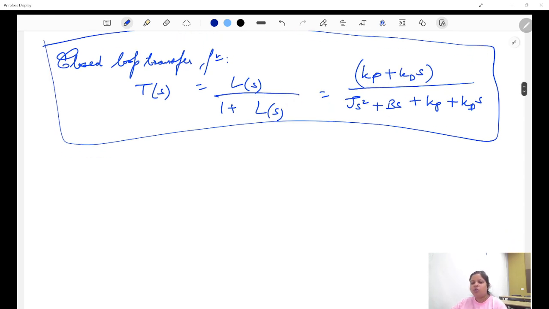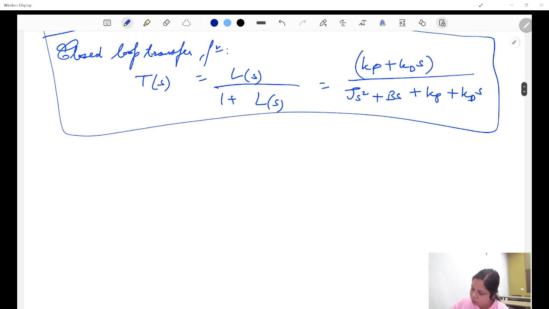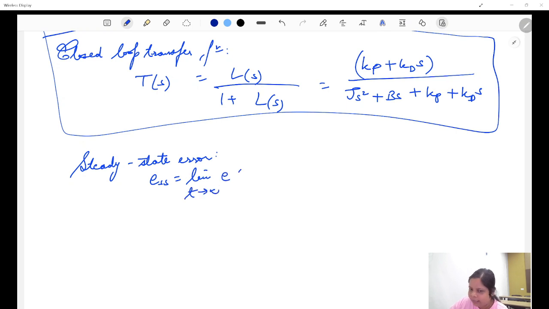Now, let's go to steady state error. Your steady state error E_ss is defined as limit t tends to infinity e(t), which can also be written in Laplace domain as limit s tends to 0 of sE(s), right?